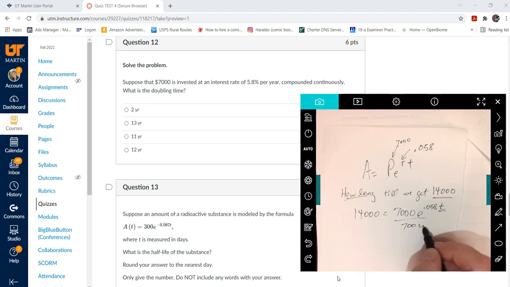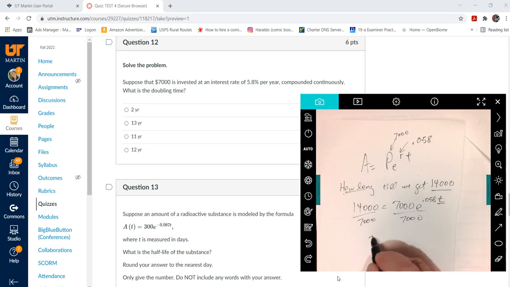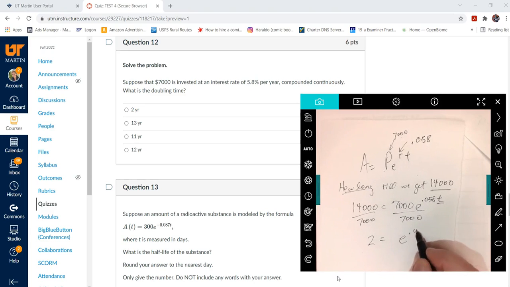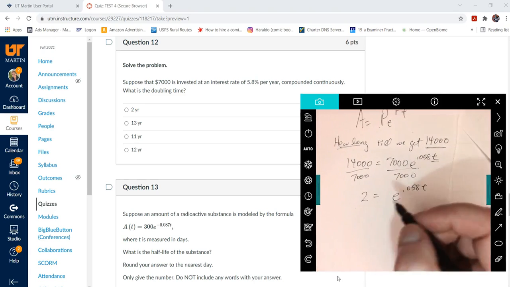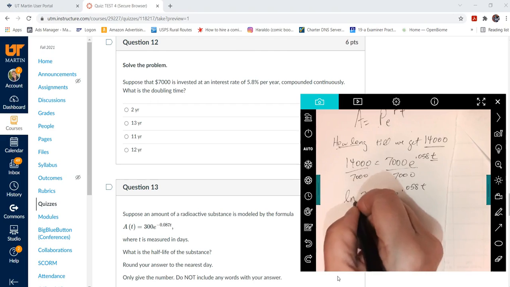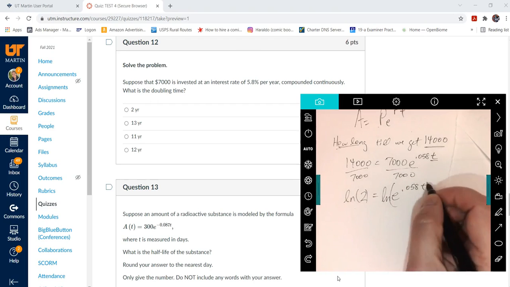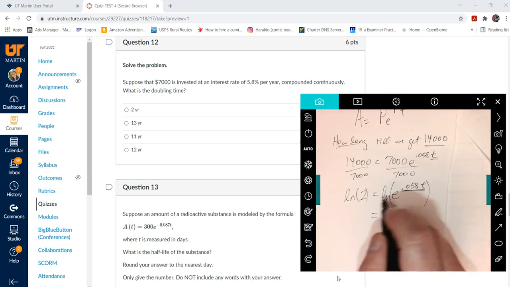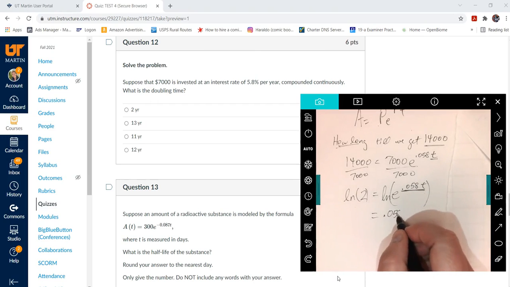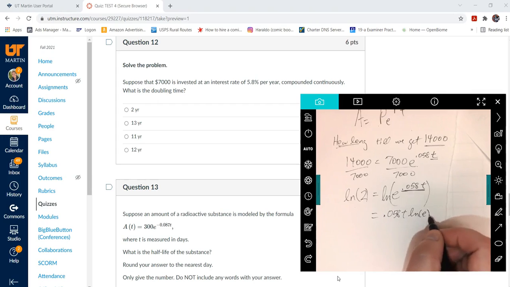So I need to divide both sides by 7,000. And now I need to get t out of the exponent. So the base here is e. I'm going to take natural logarithms of both sides. Rule number 3 of logarithms, the exponent comes out the front. The natural logarithm of e is just the number 1.